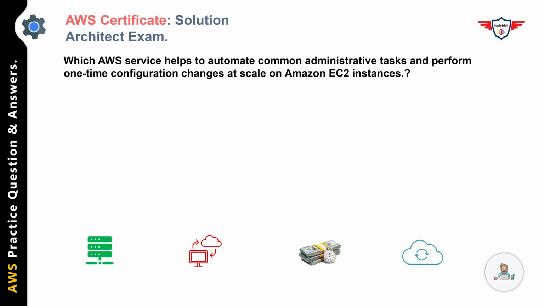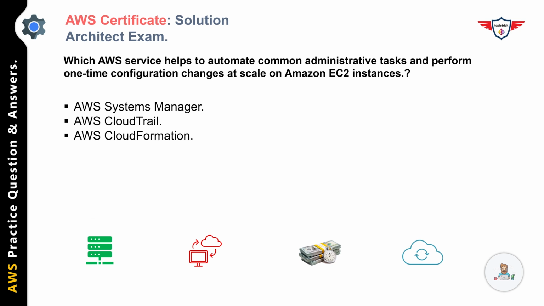Which AWS service helps to automate common administrative tasks and perform one-time configuration changes at scale on Amazon EC2 instances? Your options are AWS Systems Manager, AWS CloudTrail, AWS CloudFormation, and AWS Config. The correct answer is AWS Systems Manager.